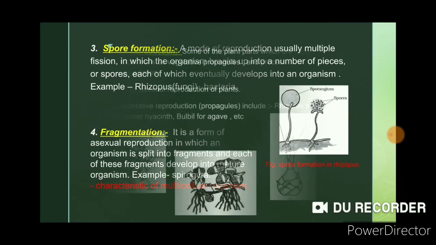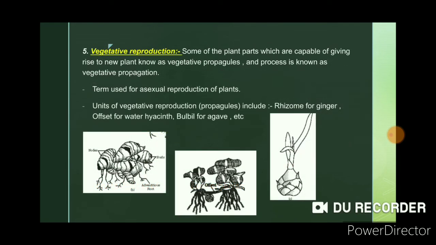Coming up next, we have the fifth and last type of asexual method, that is vegetative reproduction. What actually is vegetative reproduction? Vegetative reproduction is known as asexual reproduction for plants. In all the before-mentioned types of asexual reproduction, we were studying animals, but vegetative reproduction is a type of asexual reproduction in plants.